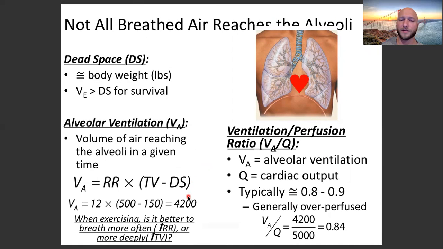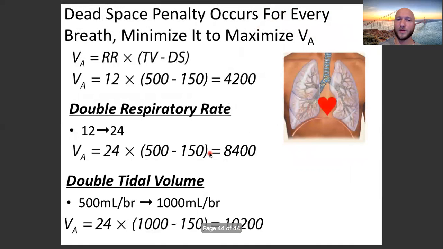Is it better, knowing what we know now, when you're exercising, to increase respiratory rate or increase tidal volume? Well, let's see. If we double respirations, so we have 24 times 500 minus 150, gives us 8,400 as our alveolar ventilation.